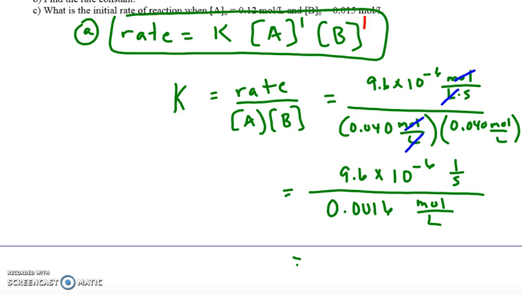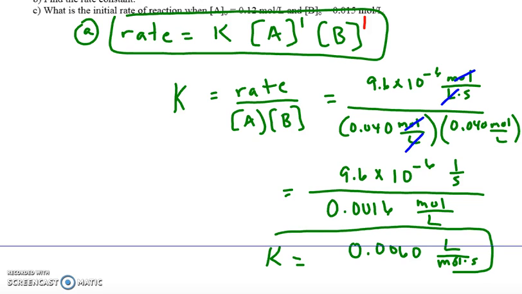And when we reduce that down even further, we're going to find that K is going to be equal to 0.0060, and our unit will work out to liters over moles times seconds. So here we're seeing that the unit is definitely different because we just had an overall reaction order of second order, it wasn't third order like in the first couple of examples.